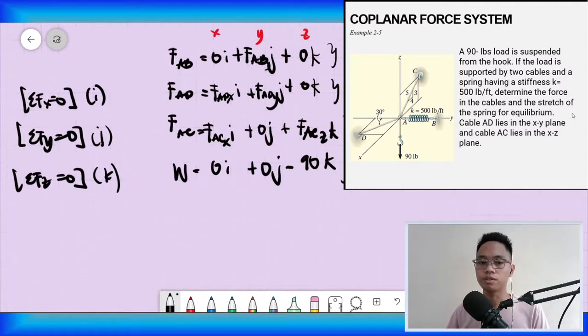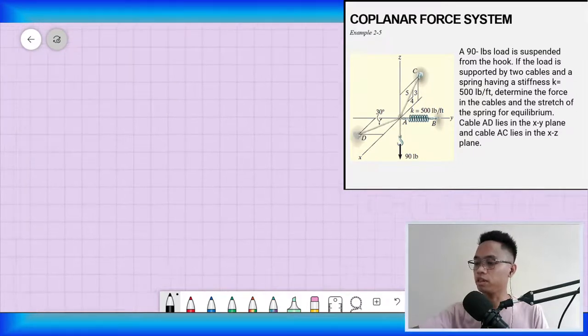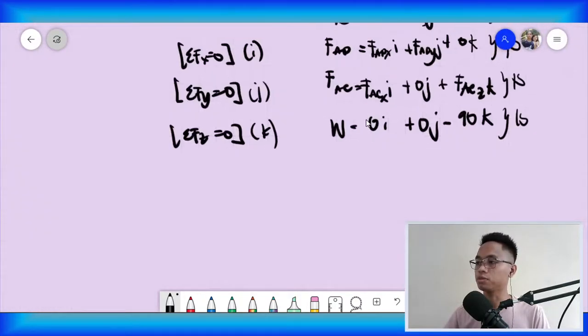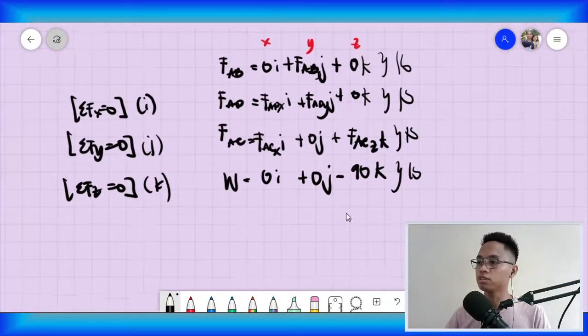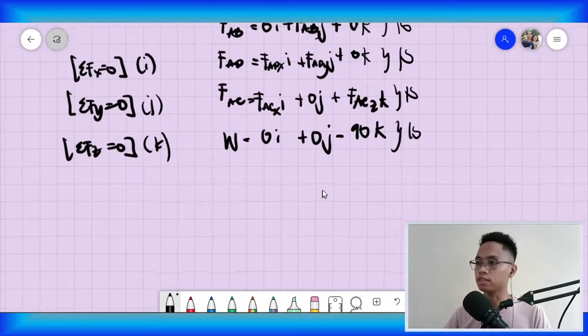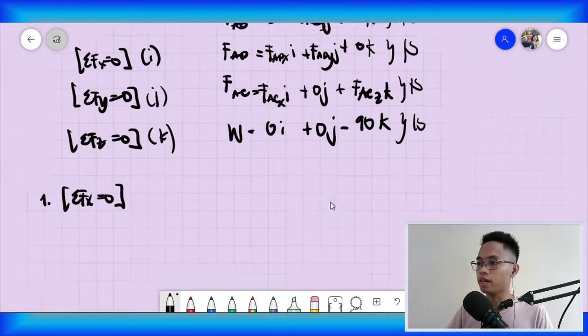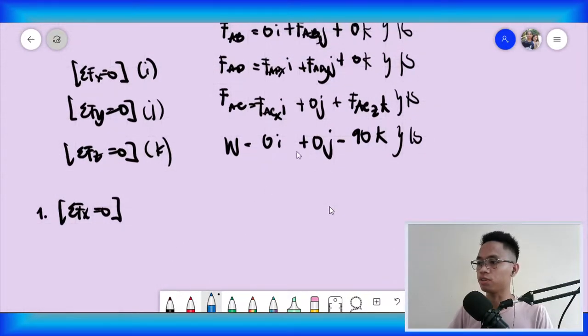Alright, so next step. Wala na siya, hindi na siya kinahanglan. So let's proceed here. So tanan nga na i would be your summation of forces X. So we have your first working equation, equation 1. Your summation of forces X is equal to 0. So kinsa may na ay mga i diri, we have this.